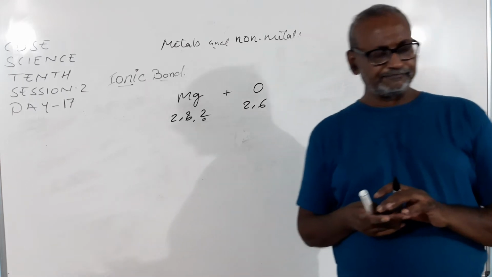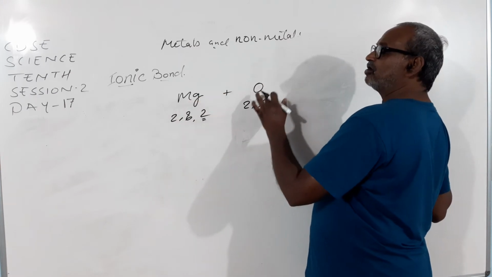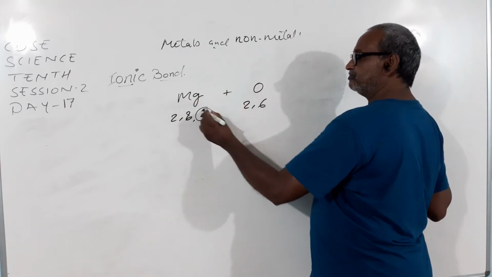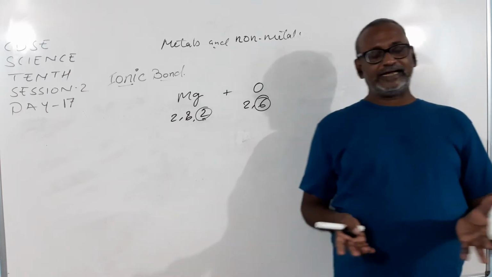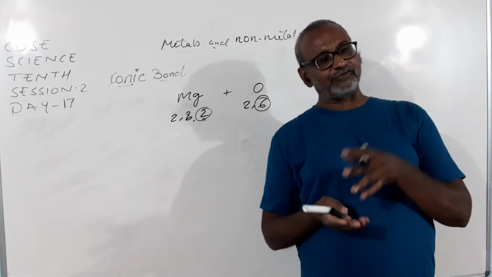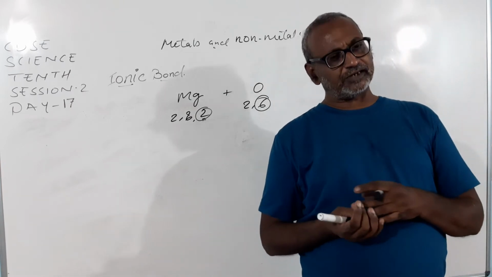Now remember, only the electrons in the outermost orbit take part in the bonding. That is, the electrons are transferred from the outermost orbit, and electrons are usually transferred to the outermost orbit.